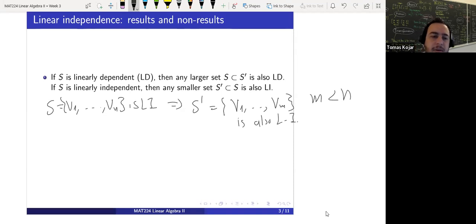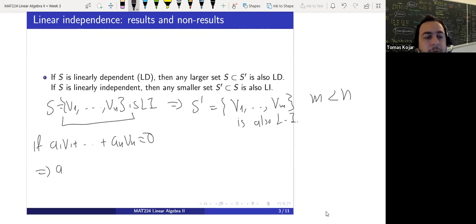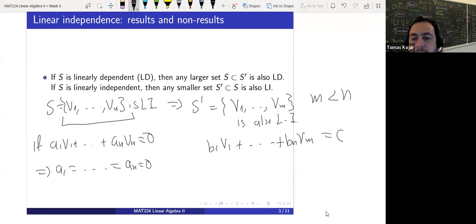Let's do this carefully. Here you have that if you have this relation, then you get all of them to be 0. So let's do it here: B1 V1 all the way to Bm Vm equaling 0.